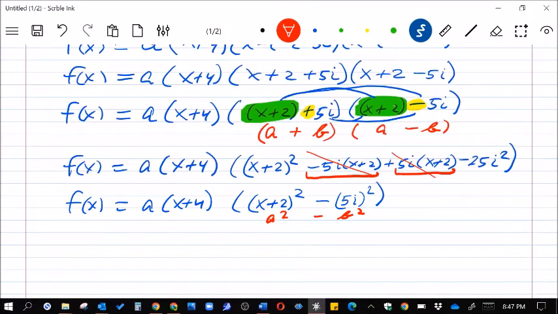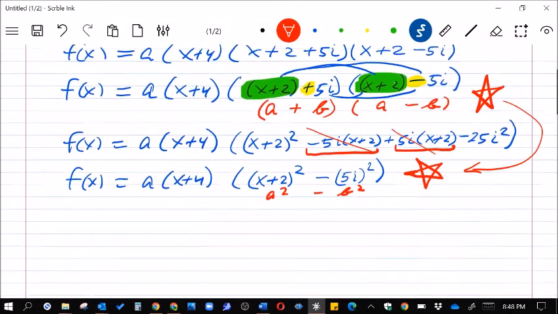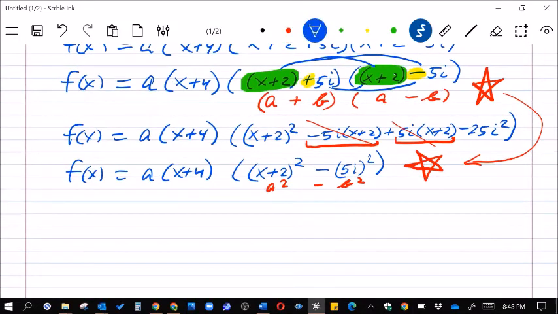By setting it up as an a plus b and an a minus b combination, we end up with a squared minus b squared, and as a result, the i's will go away. Let's mathematically do that next.